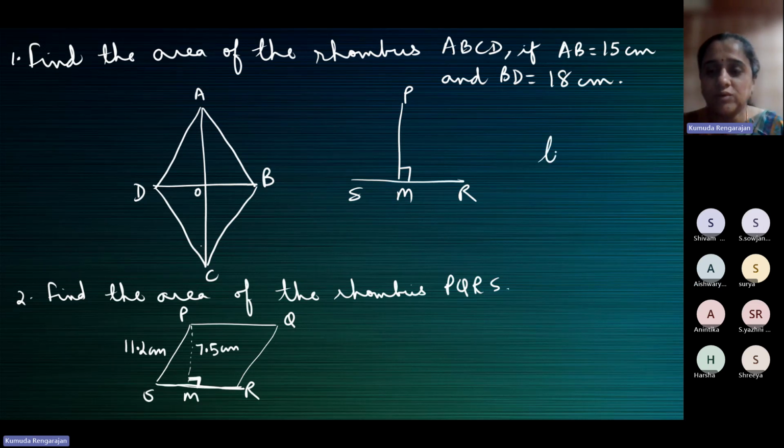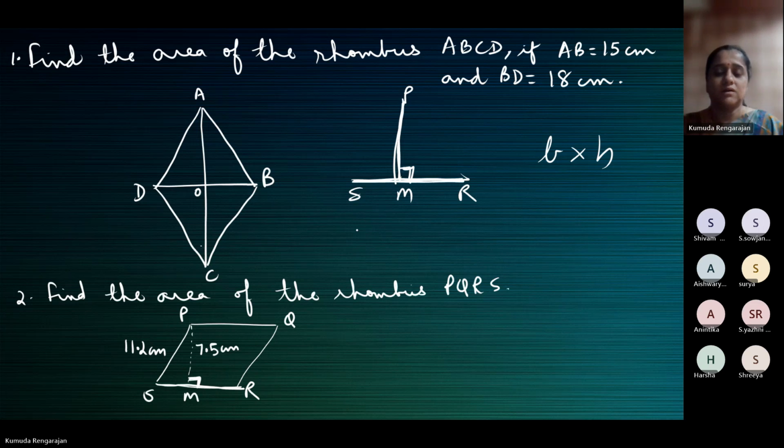I'm just trying to say how the formula works, base into height. So the altitude PM falls on the base SR. So you will have to take SR as the base and PM as the height.